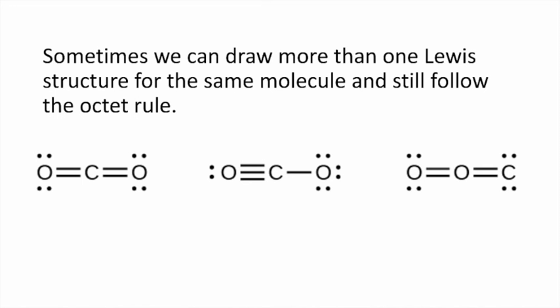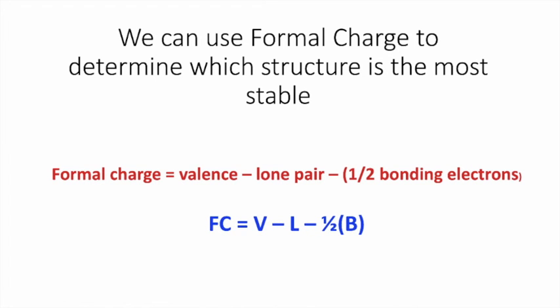So let's summarize. Sometimes we can draw more than one Lewis structure for the same molecule and still follow the octet rule. When we do this, we can use formal charge to determine which structure is the most stable and the most likely. And we have a formula. Formal charge equals the valence electrons minus the lone pairs minus 1/2 of the bonding electrons.